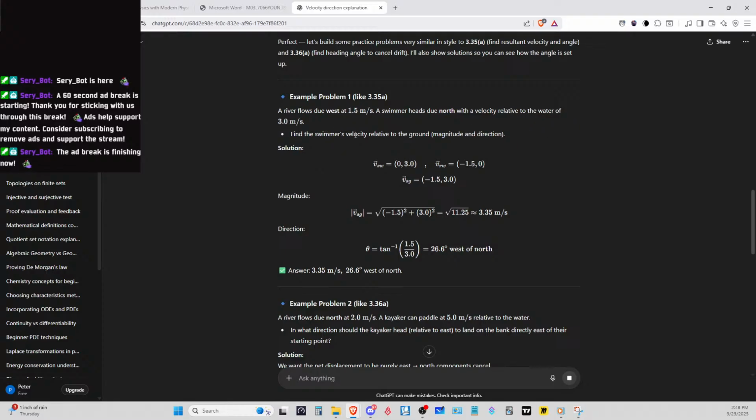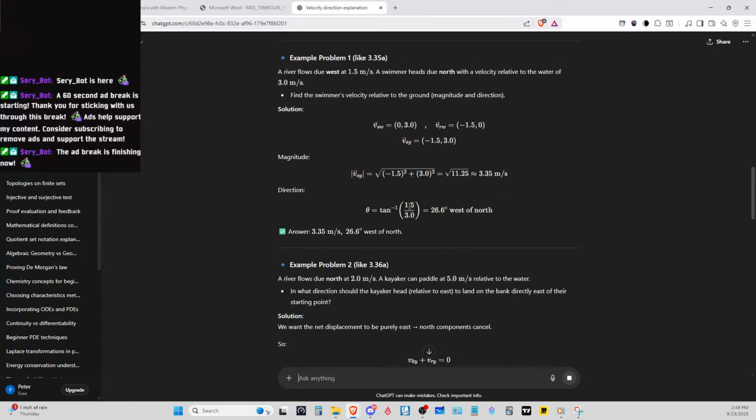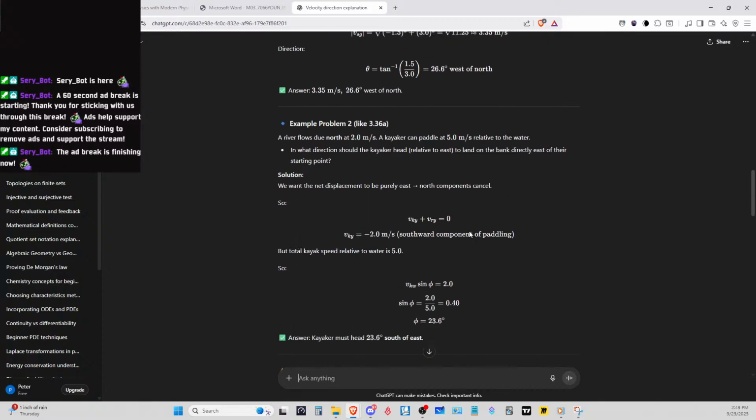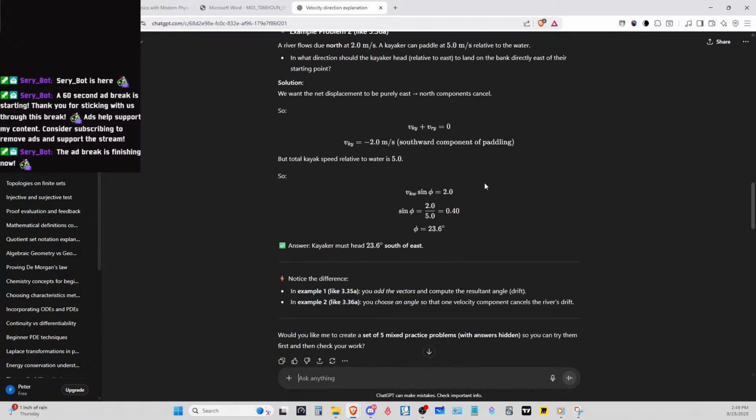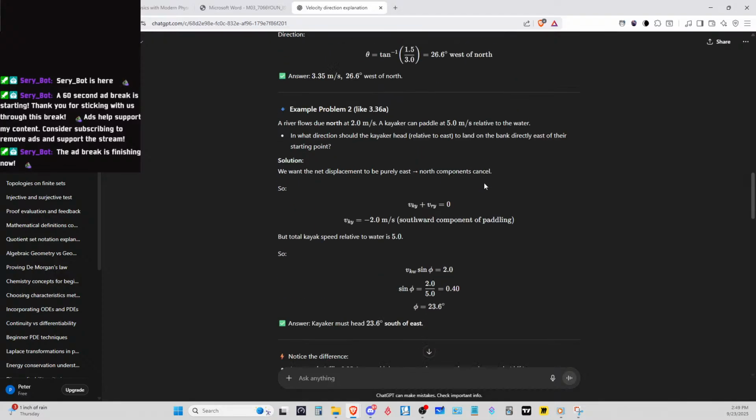Okay, find the swimmer's velocity relative to the ground. The only thing that ChatGPT doesn't add is pictures. So for these types of problems, I have to ask where the angle is supposed to be, or which angle we pick.